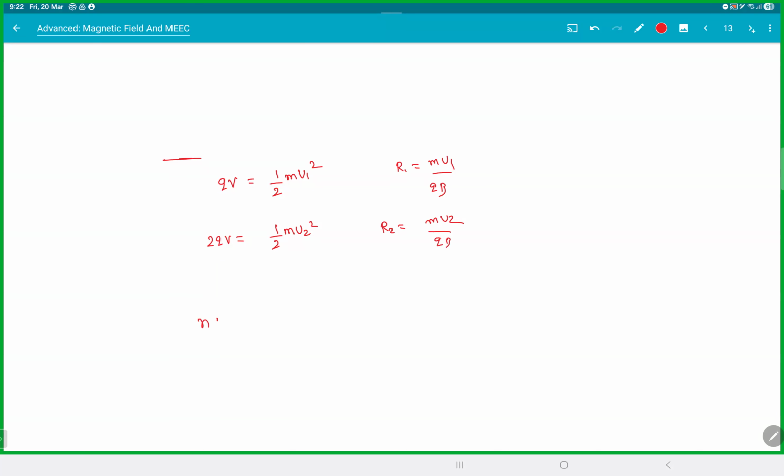When you cross the nth time, the energy is nqV, half m un square, and the radius will be m un by qB. The distance traveled: every time you're completing a half revolution, so instead of 2 pi r, we'll use pi r1 plus pi r2, and so on till pi rn. If you add them all up, you get the distance.